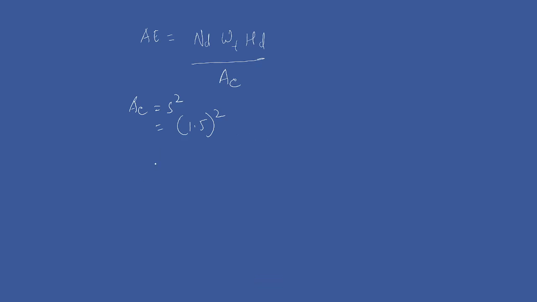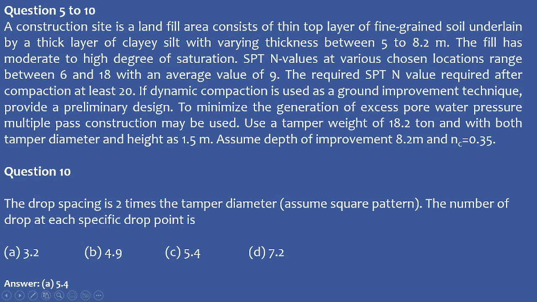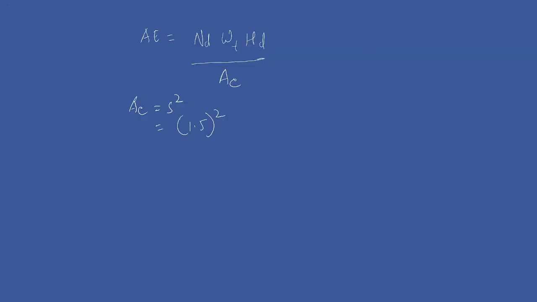So we need to calculate the number of drops at each specific point. So we need to calculate ND, which is the number of drops. A is the equivalent area, WT and HD are given.